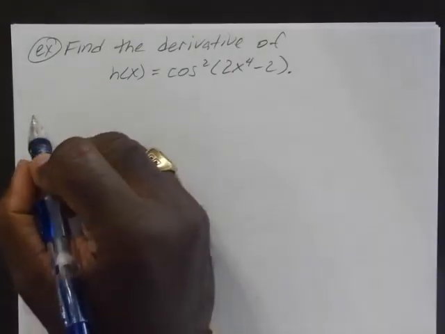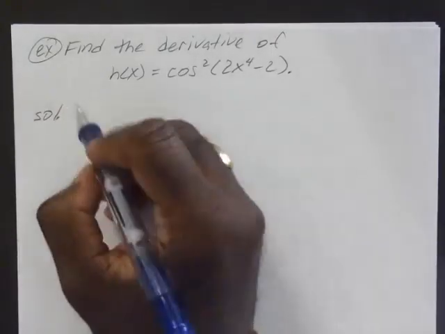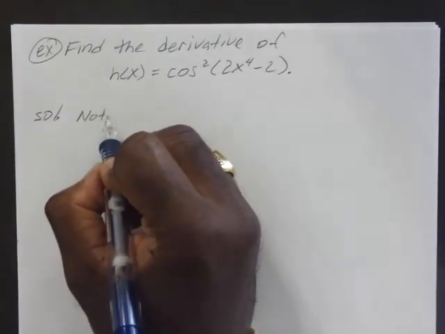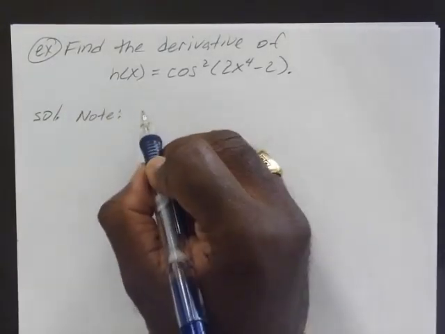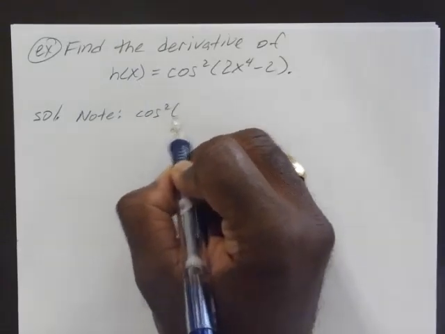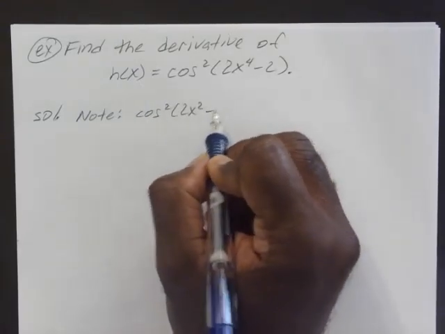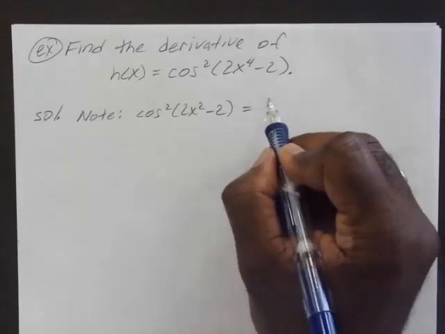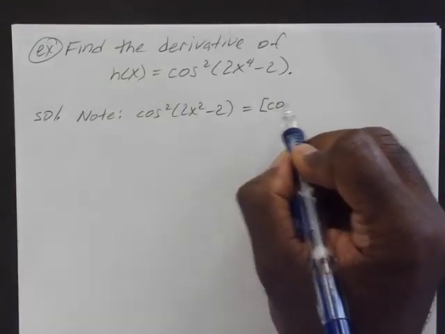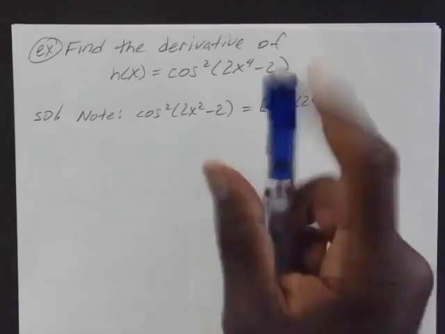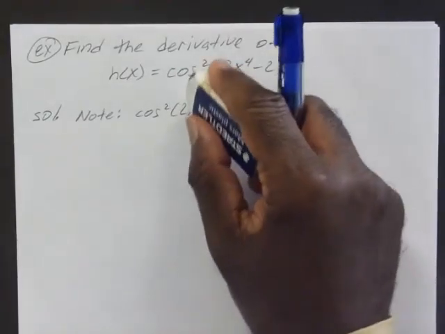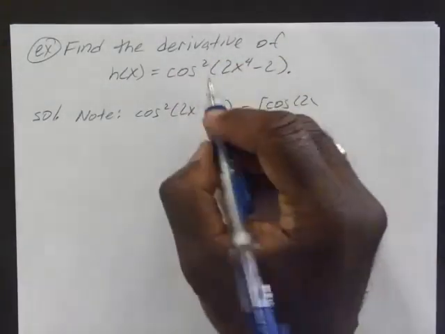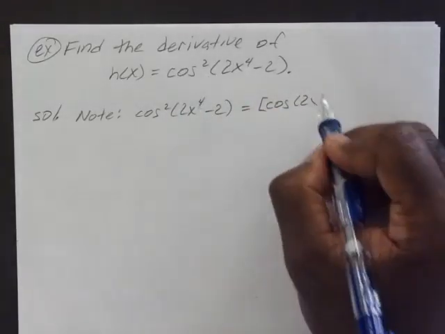So just like we did before, we're going to rewrite this. So cosine squared 2x to the 4th minus 2, we can rewrite it as cosine of 2x to the 4th minus 2.